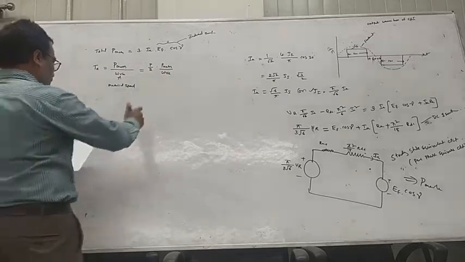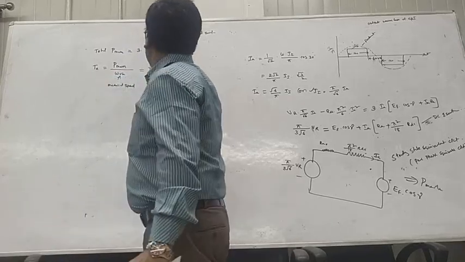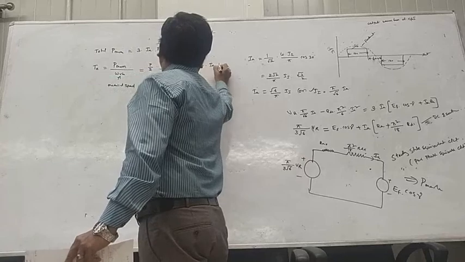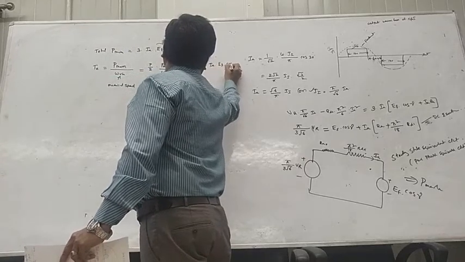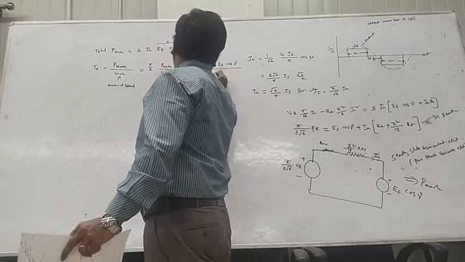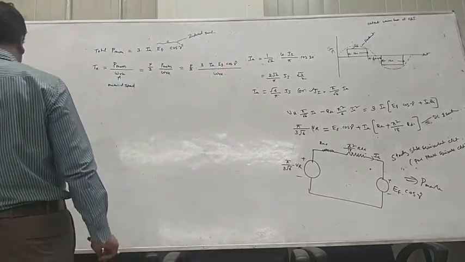If you simplify this, P by 2 into P mechanical, which is 3 into IA into EF into cos gamma, divided by omega Re.